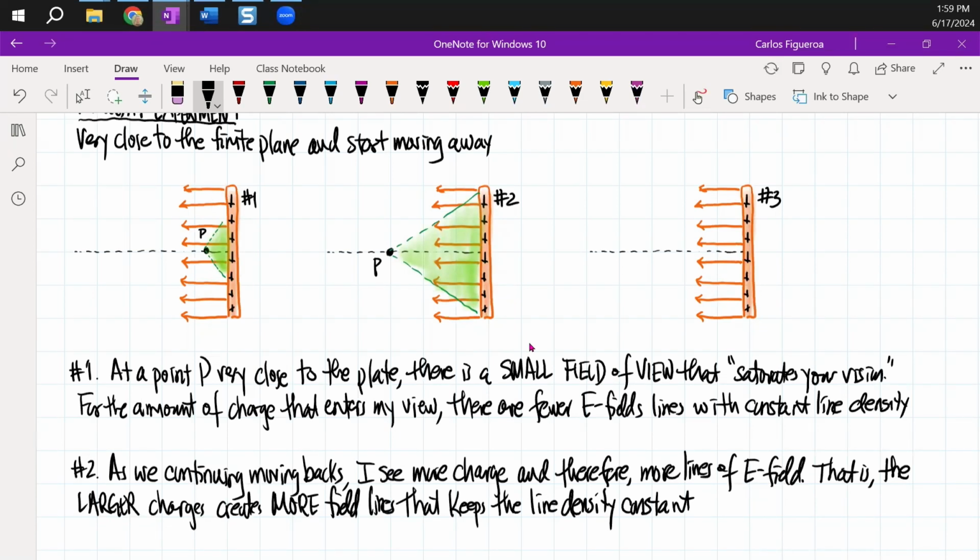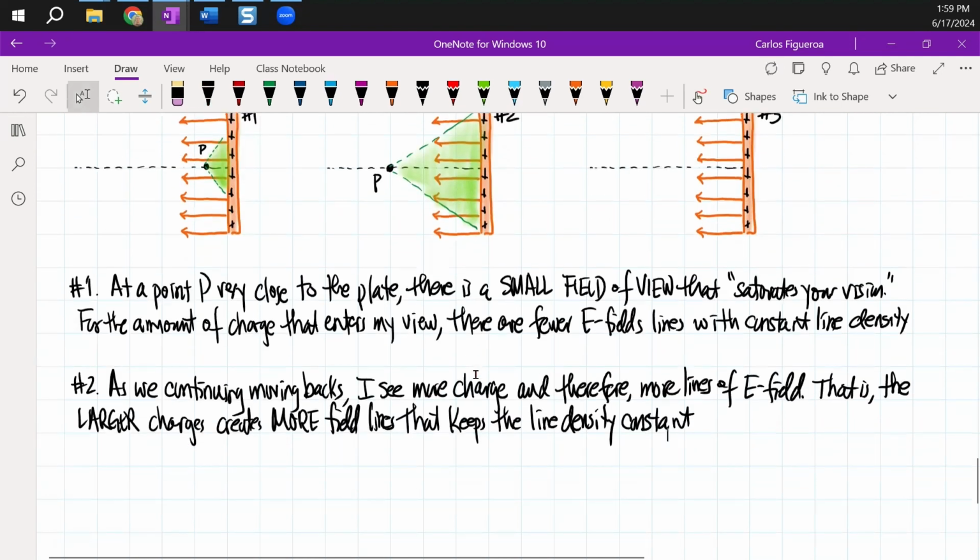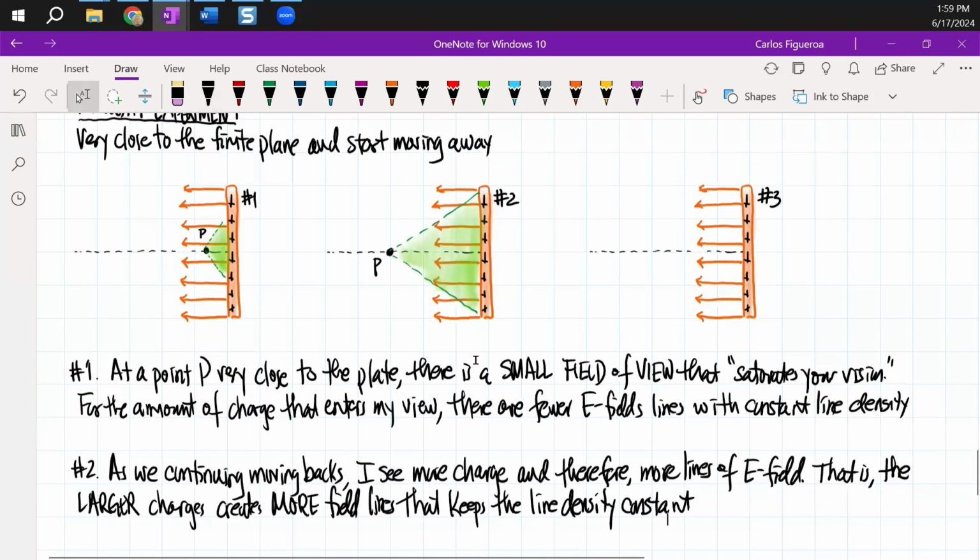It's almost like looking at how a uniform charge distribution is occurring. I see more field lines, but the field has not increased. Then I finally get to point P out here.